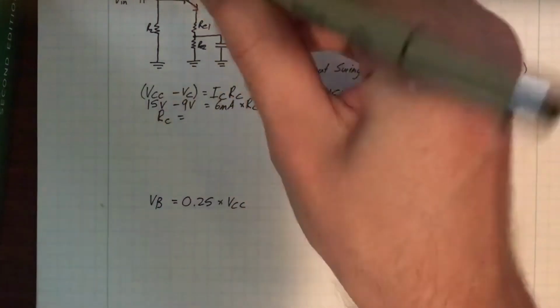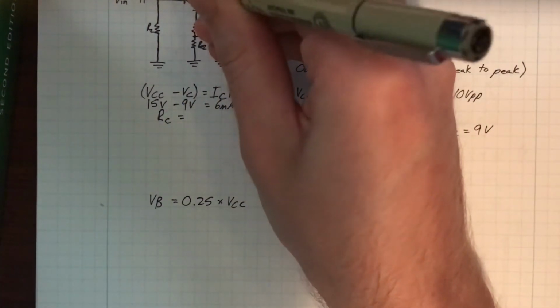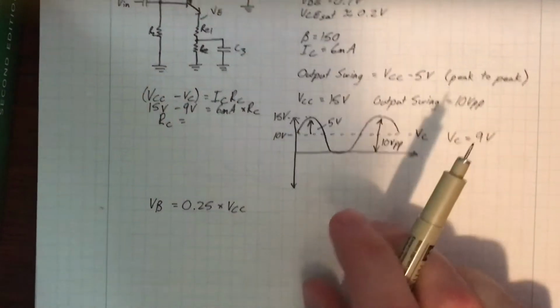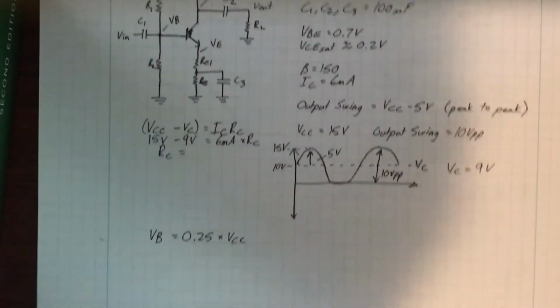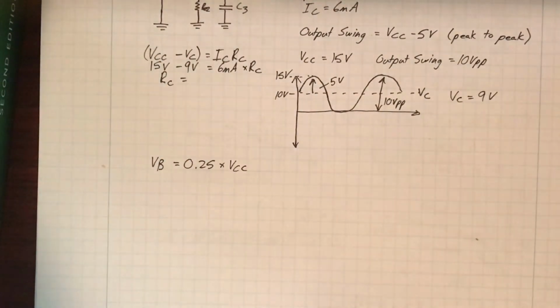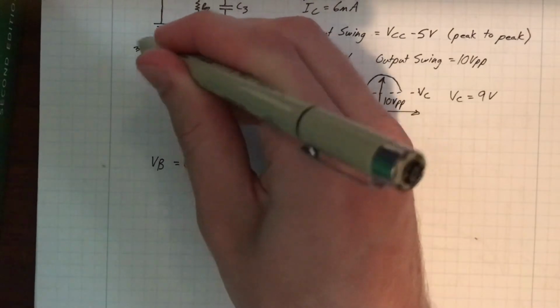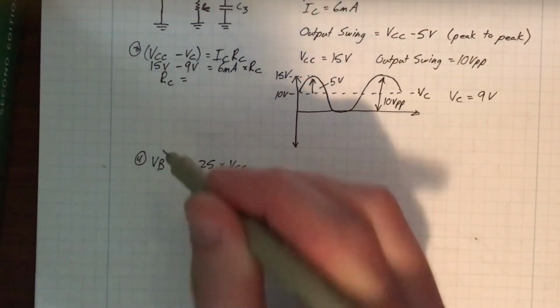So now you'll know the base voltage. And this is the emitter voltage up here. I just labeled the nodes. So this was step 3, this was step 4.